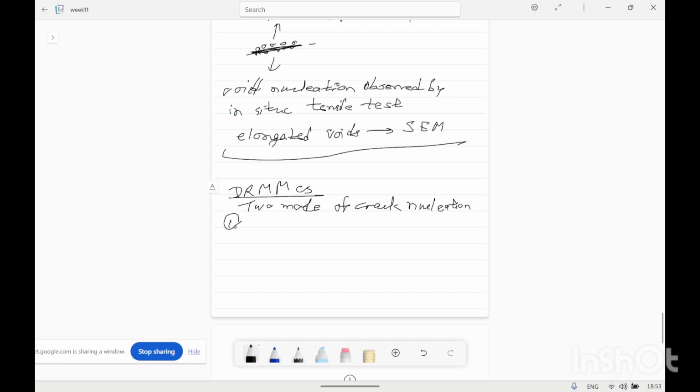First is the particle cracking, and second is the interface decohesion.